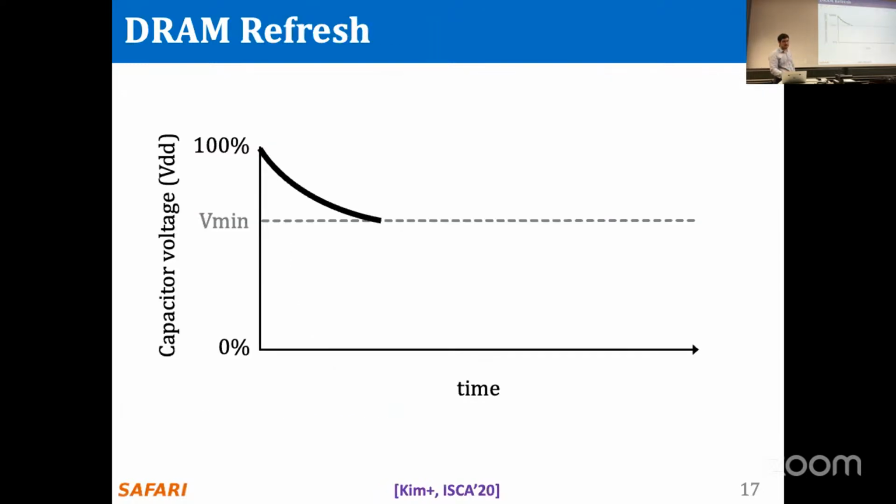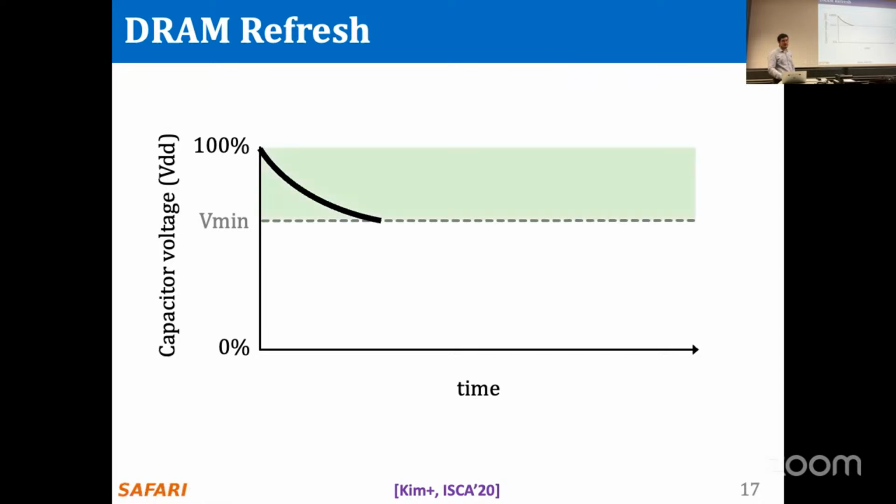We have a simplified diagram of the capacitor voltage on the y-axis. We see that the voltage decreases over time in an exponential decay. There's a threshold Vmin, the dashed line, under which we can no longer guarantee that the cell retains data correctly.